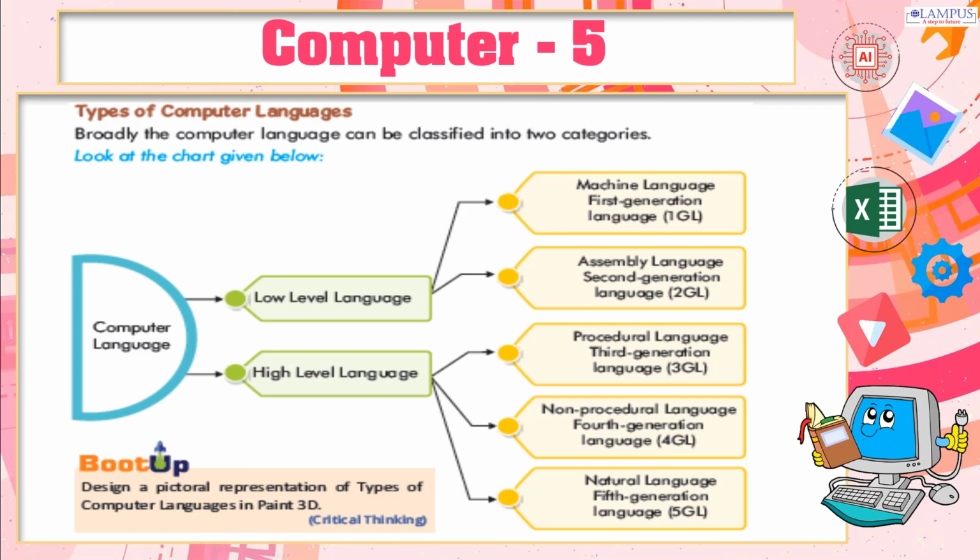High-level language: procedural language, third generation language, 3GL. Non-procedural language, fourth generation language, 4GL. And natural language, fifth generation language, 5GL. Boot up. Design a pictorial representation of types of computer languages in Paint 3D.